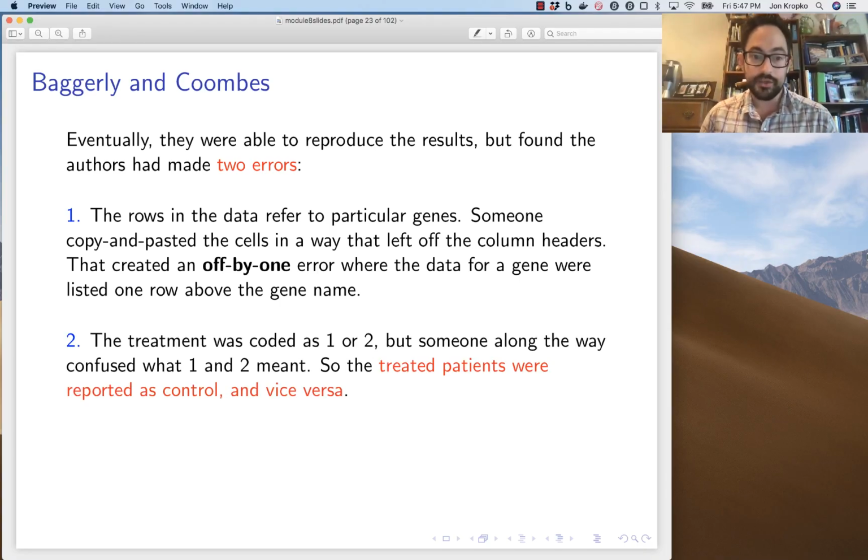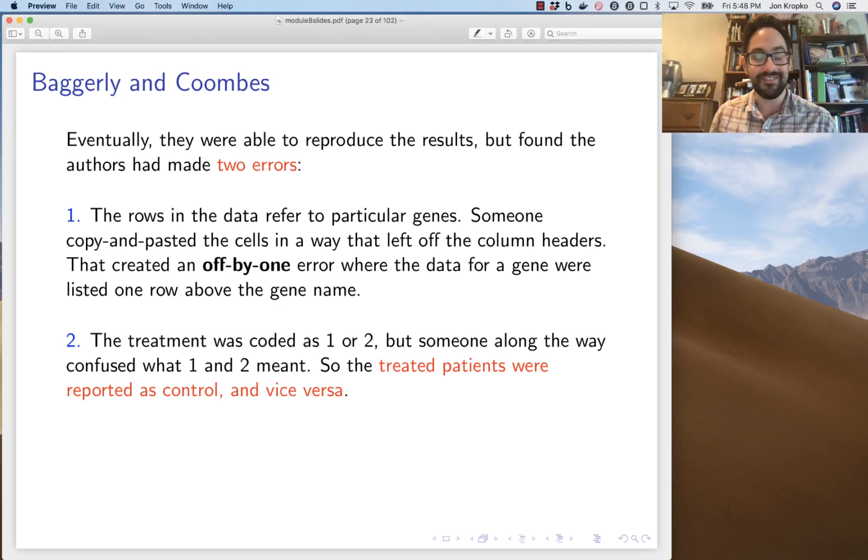Second, the treatment was coded as either 1 or 2, right, for the treated genes, for the not treated genes. But somebody along the way confused what 1 and 2 meant. So the treated rows in the data set were listed as control, and the control was listed as treatment. And that is a huge mistake, because any results that you find at that point are the exact opposite of the truth, right?